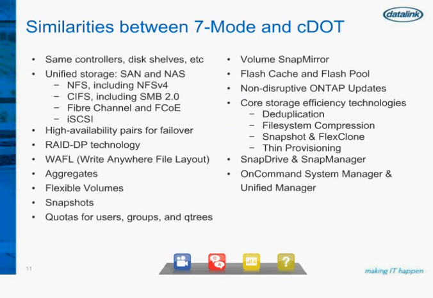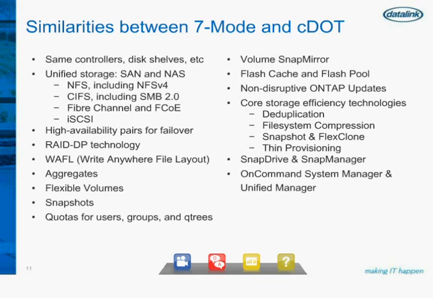So based on the fact that there's a similar technology base and that it's NetApp, it's ONTAP, there's a lot of similarities between 7-Mode and clustered ONTAP. I already mentioned that the hardware was the same, that the controllers, the disk shelves, all of those pieces really have become the same between 7-Mode and cDOT. There's no requirement for brand new hardware just to get clustered ONTAP working. It's still unified, just the way ONTAP has been for its entire life.